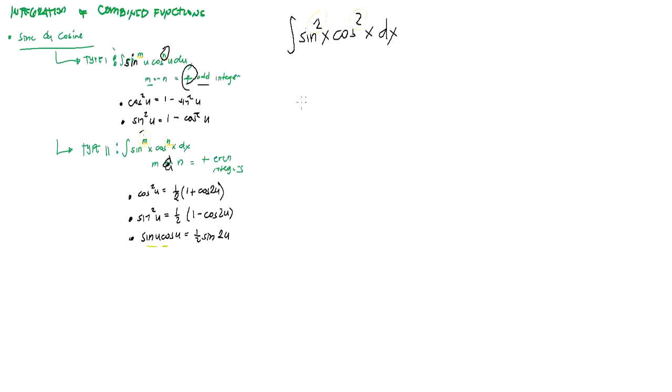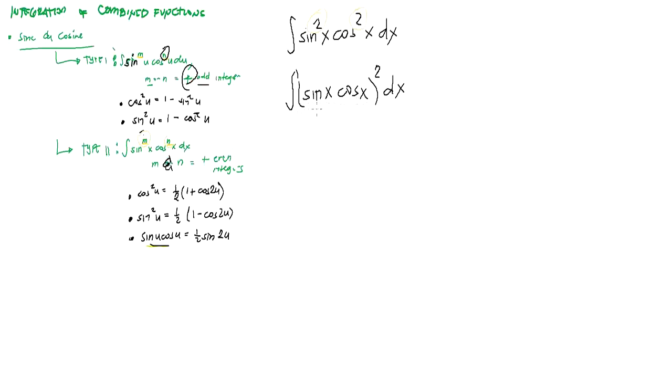Okay, so from here let us analyze what identity we can adopt. Maybe we can use this one, but let us simplify or transform this further. We can write this as sine x cosine x raised to 2, then dx.